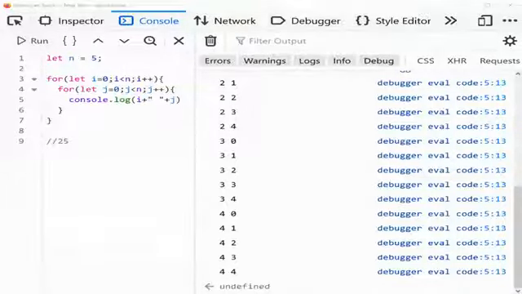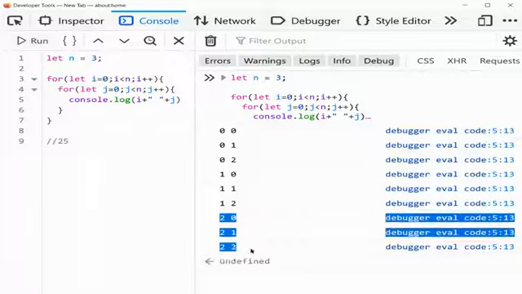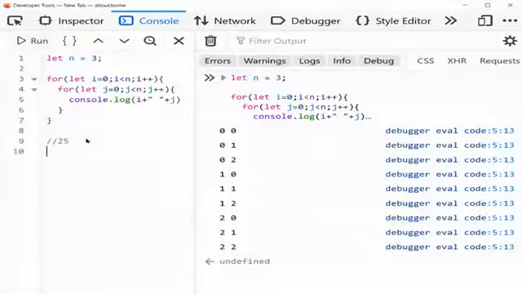Okay. And suppose I'm just passing 3 here, and I run this, can I say there's 3, 6, and 9? Can I say it ran for 9 times now? So basically it ran for whatever I'm passing, n square, n into n times it ran.